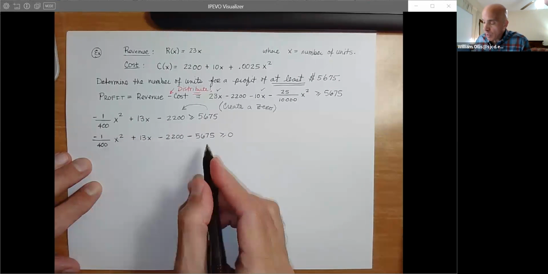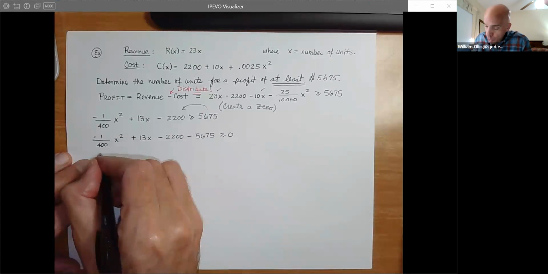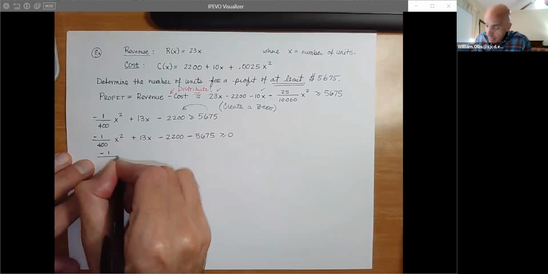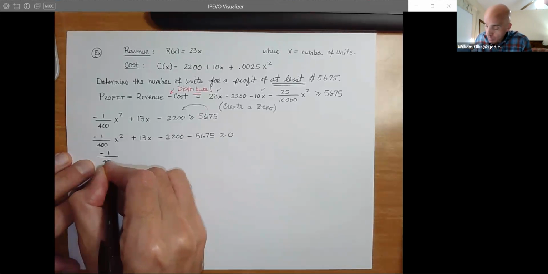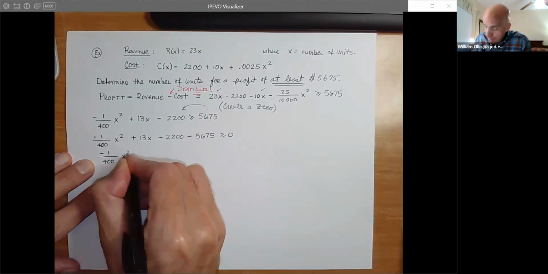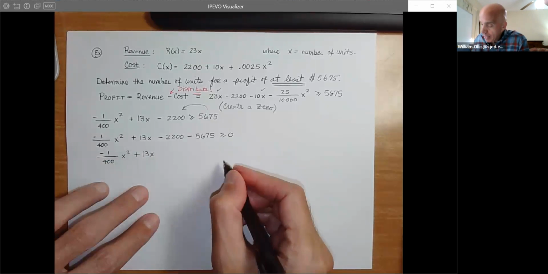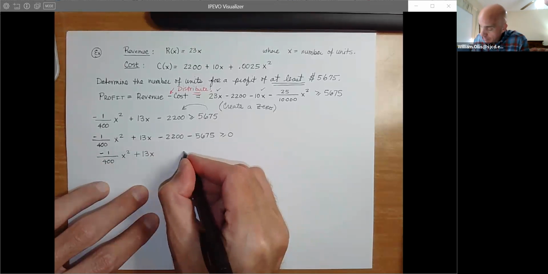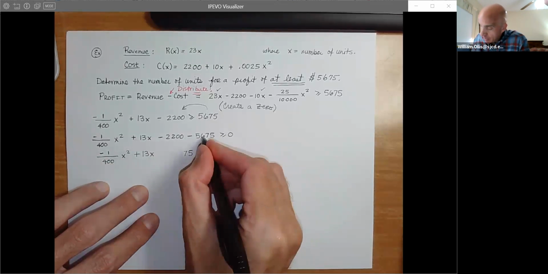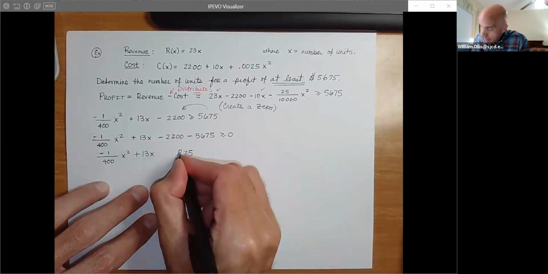Now at this point, if you like, we can go ahead and combine some terms, and then we're going to get rid of that negative 1 over 400, but I'm going to do that last. So now we're just combining, and let's add this up. That'll be a 75, and then of course we'll get an 8, and then a 7.